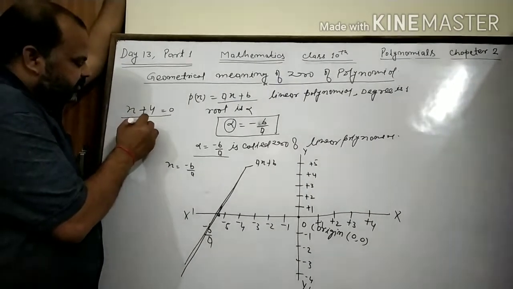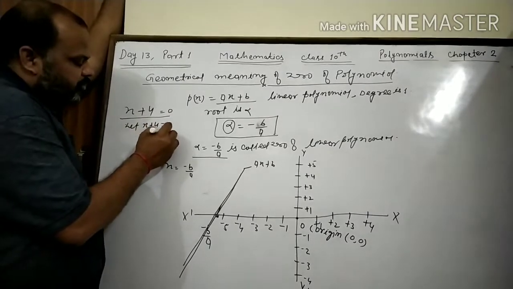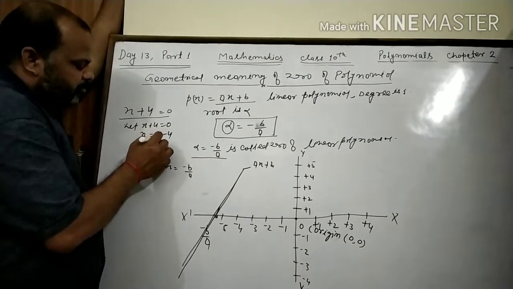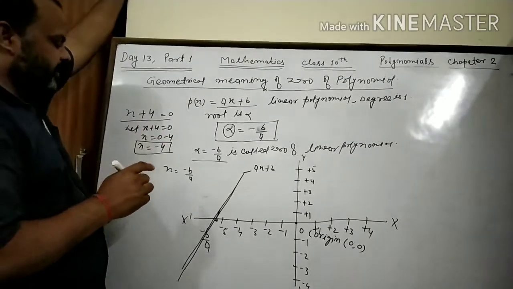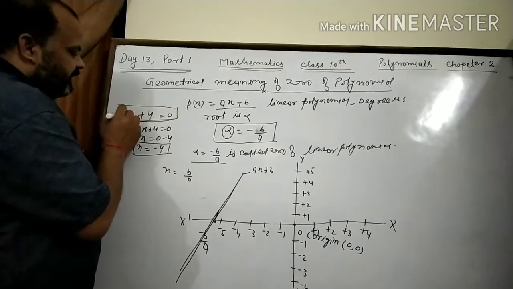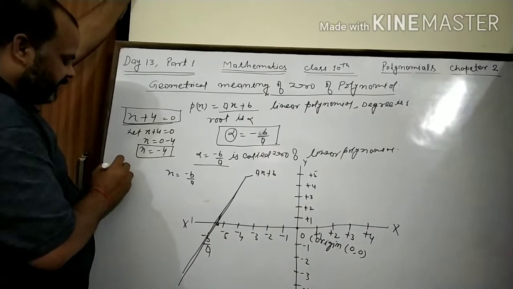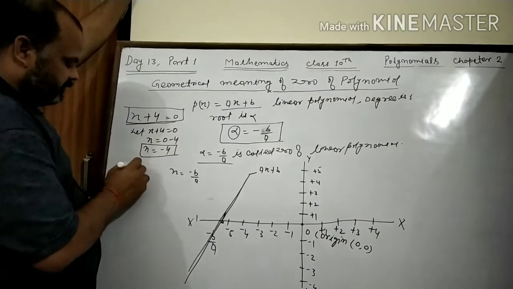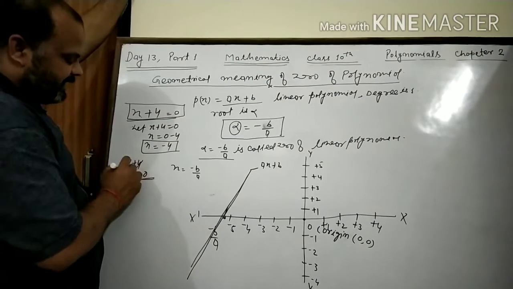Let x plus 4 is equal to 0, x is equal to 0 minus 4, x is equal to minus 4. It means if you put x is equal to minus 4 in this polynomial, then the left side and right side are the same. See, minus 4 plus 4, both cancel, so the left side and right side are 0.